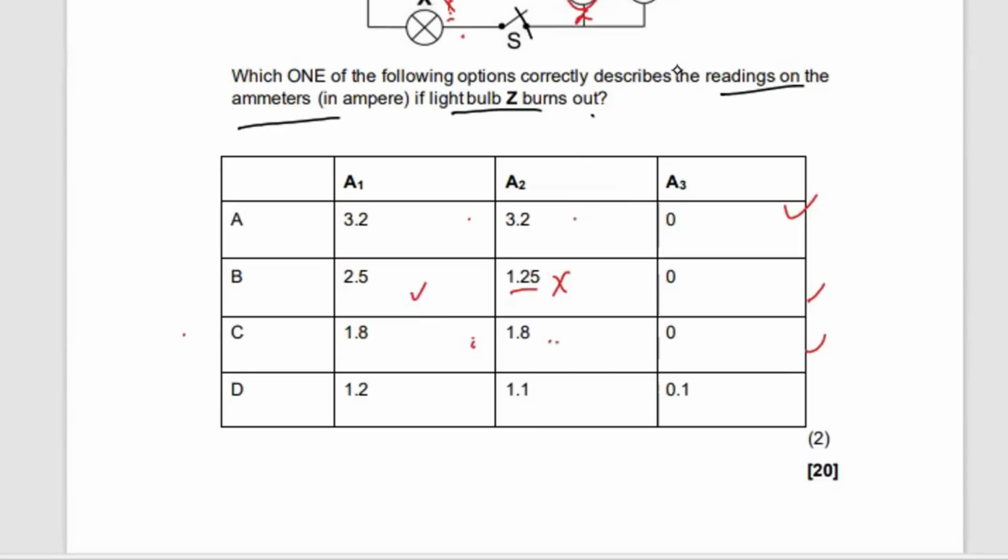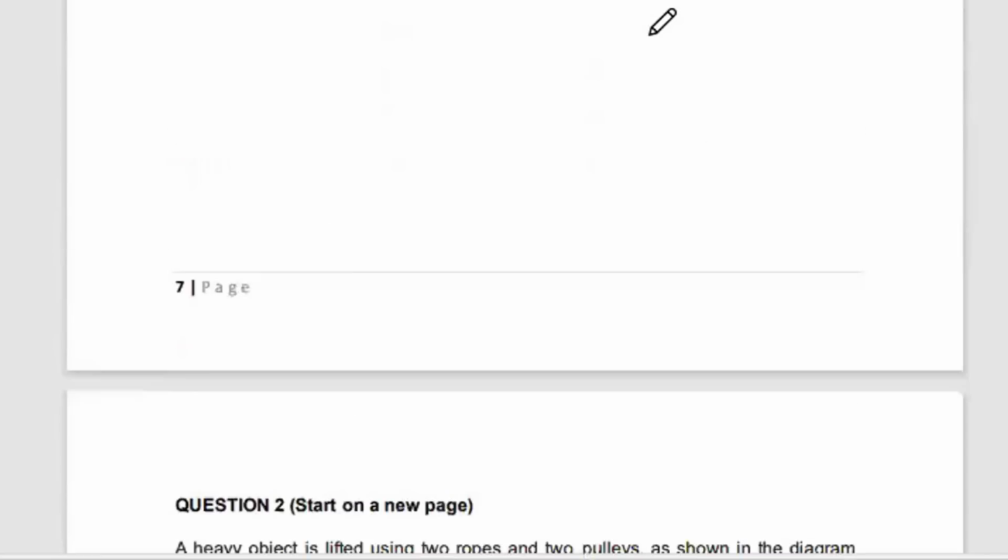So I'm not seeing any correct option here, because it cannot be 1.2. Nope. It cannot be that. So in this case, none of the above. I don't see any correct option because I expect the current to be the same within the series. Okay. So then that would have been question 1.